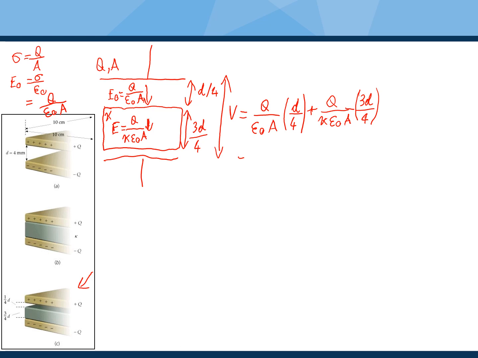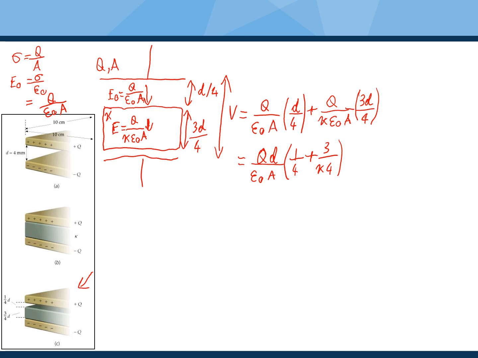So we realize that this is equal to Q times D divided by epsilon naught times A, and we take the remaining factors inside the bracket as being 1 over 4 plus 3 times kappa over 4.